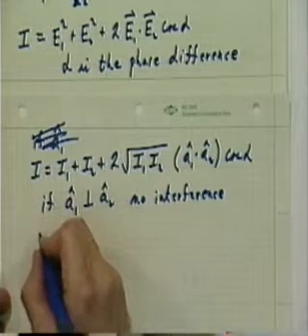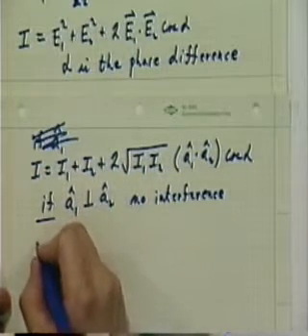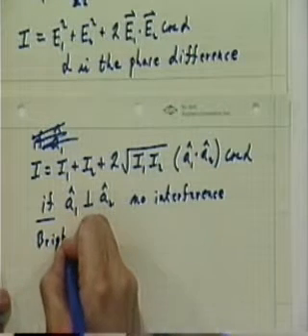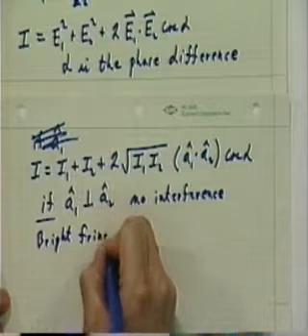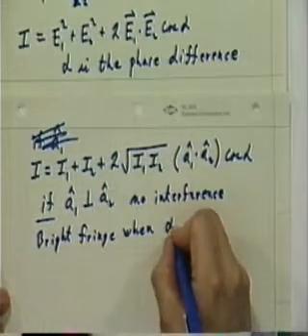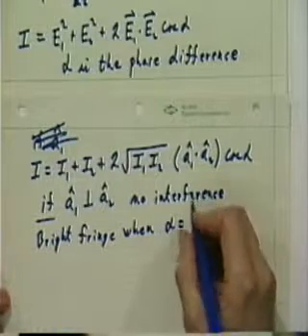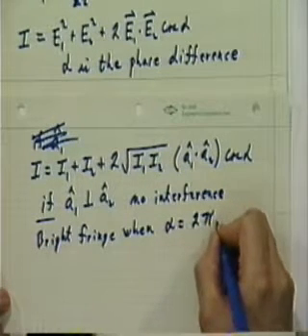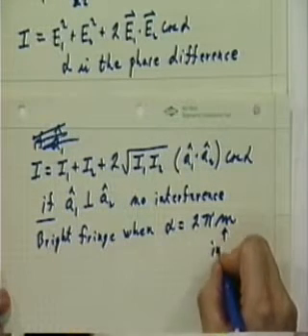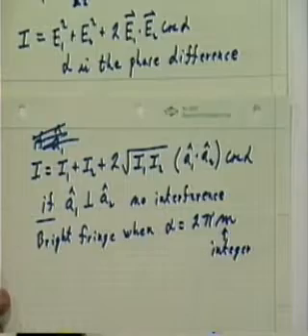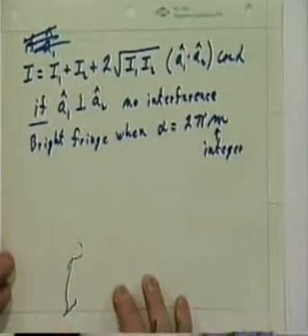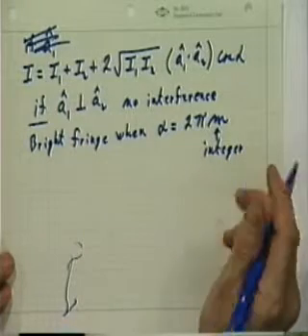And we're going to get a bright fringe, assuming we have interference, when alpha, whatever the phase difference is, is equal to 2 pi times some integer m. Okay? And m is what we call the order number.